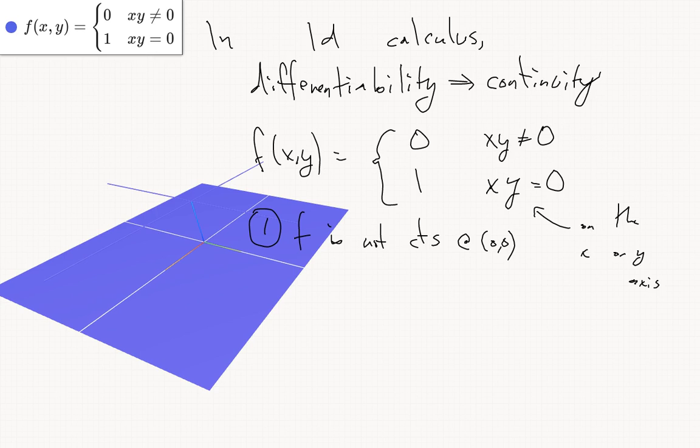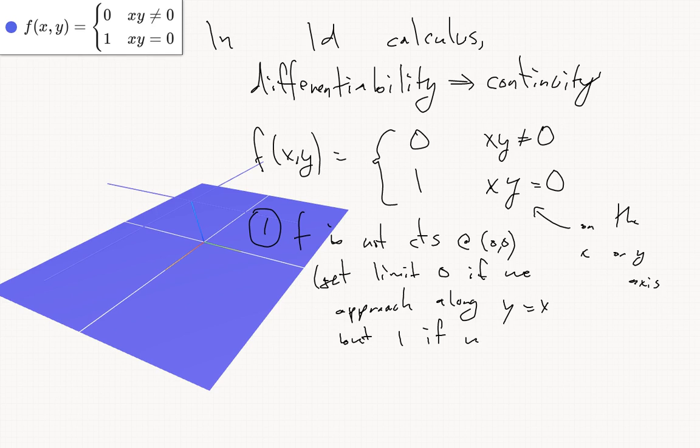Because if we approach, say, along the line y equals x, we get limit 0, but 1 if we approach along the x or y axis.